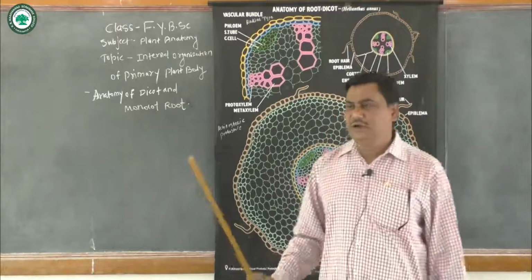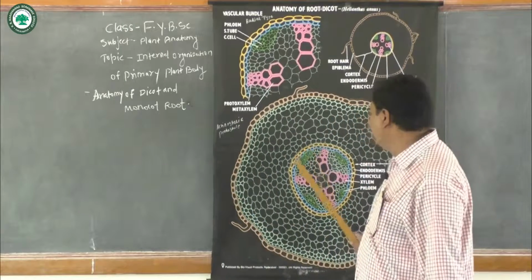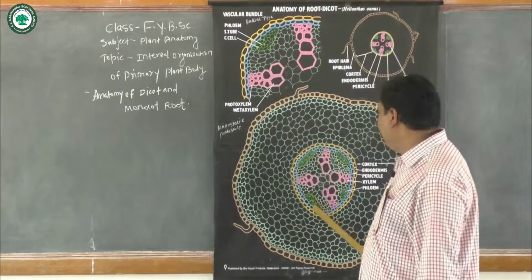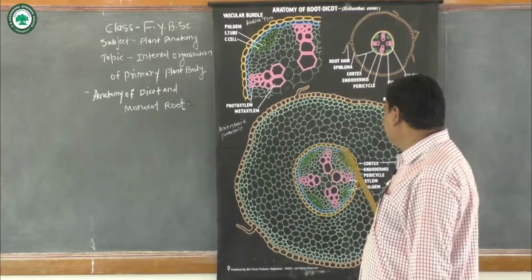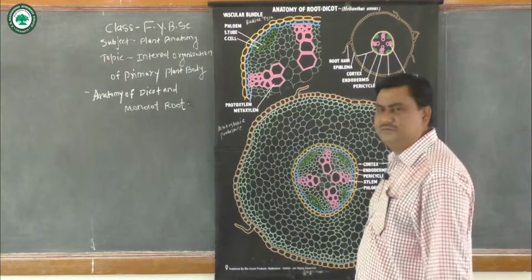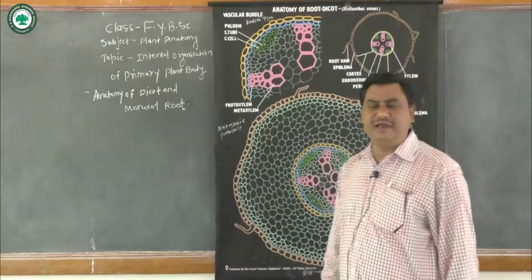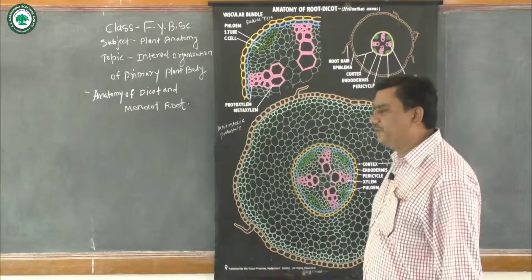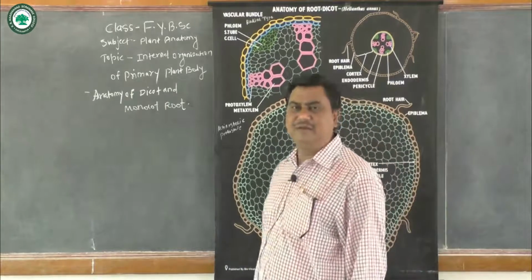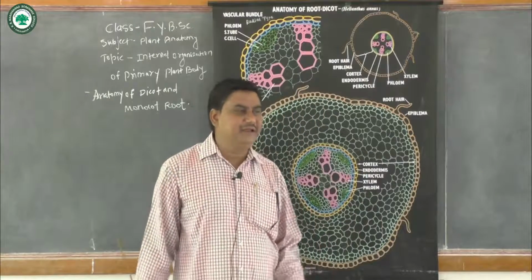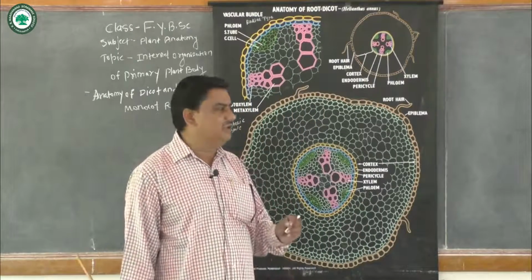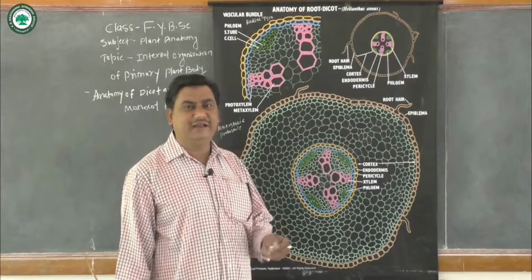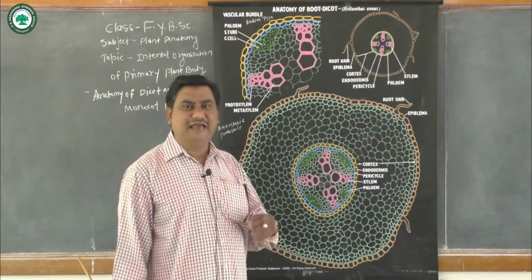There is the endodermis, with some cells having a particular suberin material. The suberin material forms a strip, and that is the particular Casparian strip.